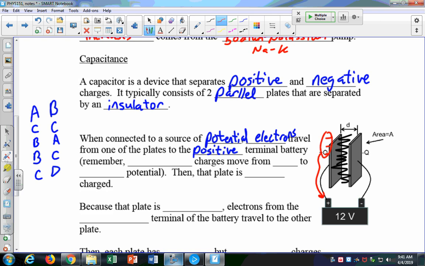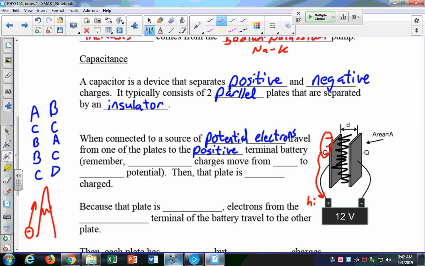Because if you remember, when we're thinking about our mountain, electrons move from low to high potential. The positive side of the battery is the high potential side, so my electrons move from where they have not very much energy to where they're going to have more energy.